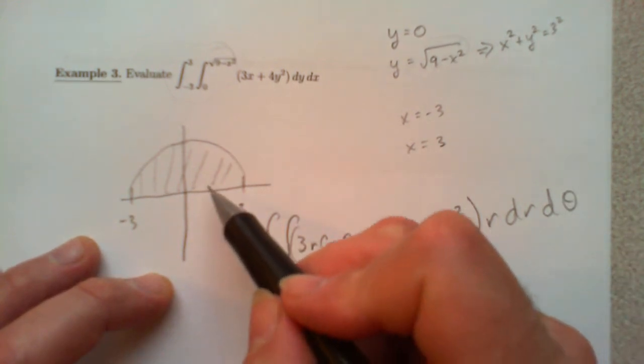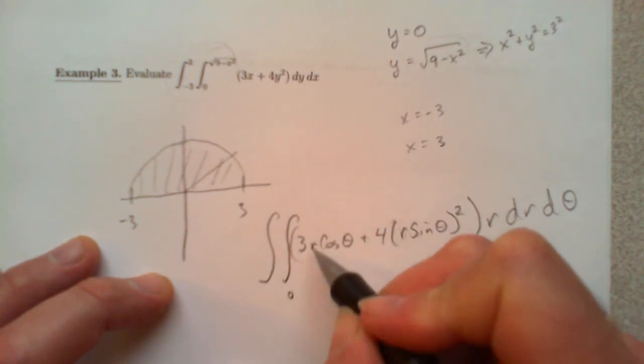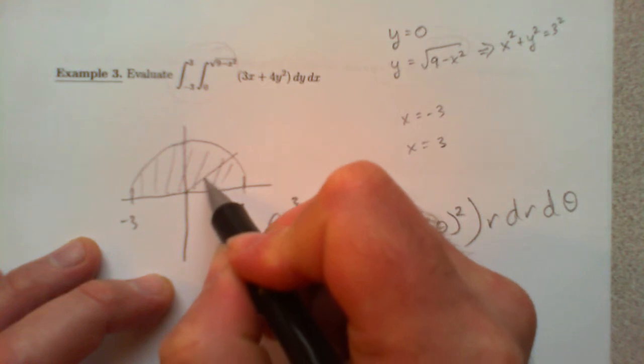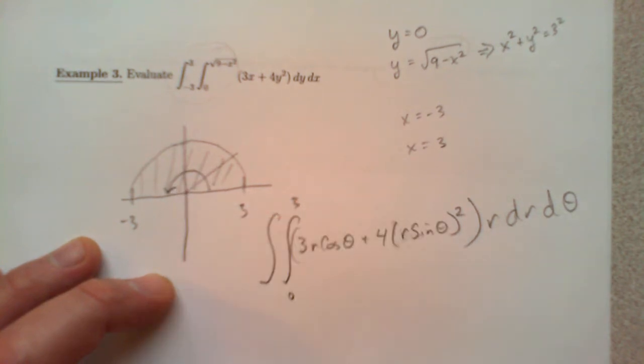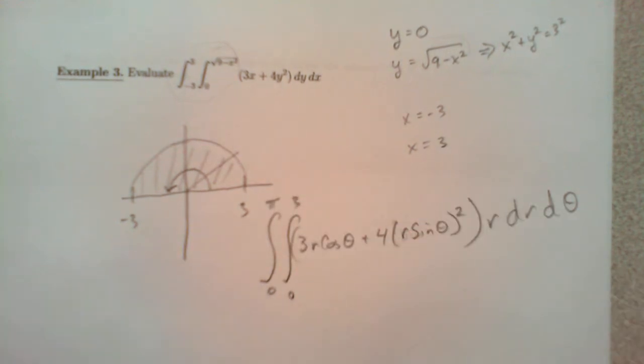Here r is the radius, it goes from 0 out to 3. Theta spins from 0 all the way over to pi. Alright, so now that's the integral to compute.